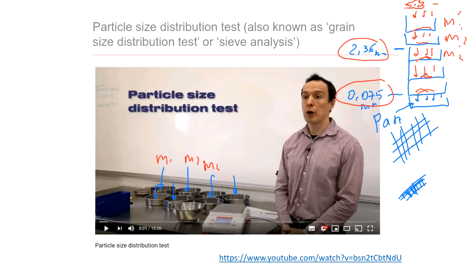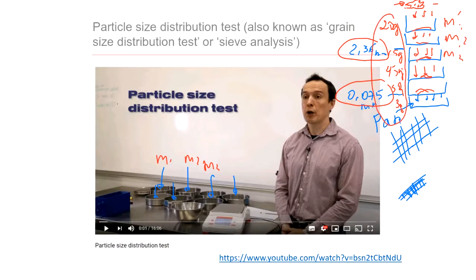And once we know the amount of soil, let's say here we have maybe 20 grams of soil. In this sieve we have 15 grams. Here maybe we have a lot, like 45 grams. Here 50, and here maybe only 3 grams. So altogether it should be the same amount as we put in when we do the test.